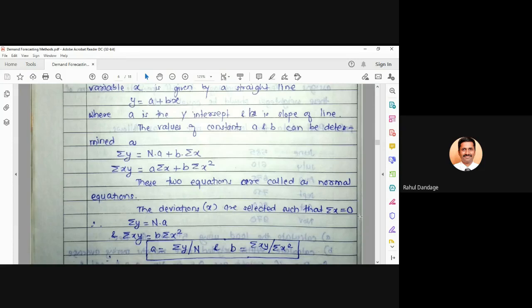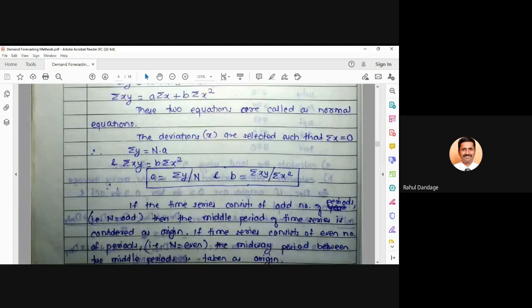Then putting values of x such that summation x is equal to 0 and substituting in these equations, we get summation y is equal to n into a, where n is the number of periods, such that a is equal to summation y upon n, and summation xy is equal to b into summation x square. So the value of b will be equal to summation xy divided by summation x square.